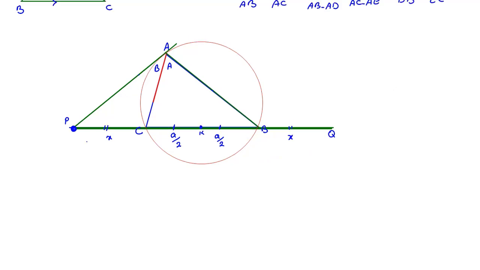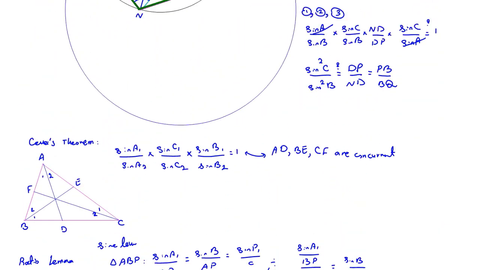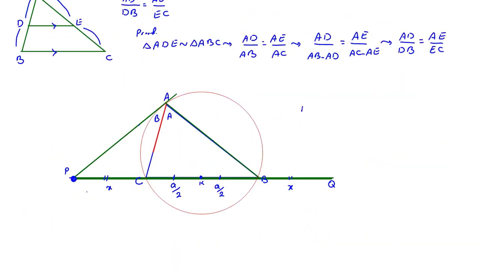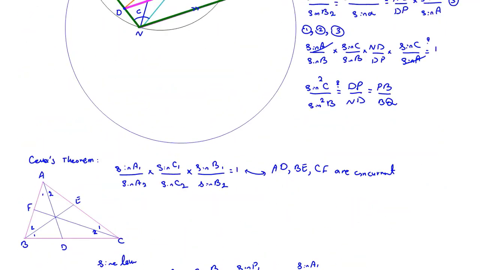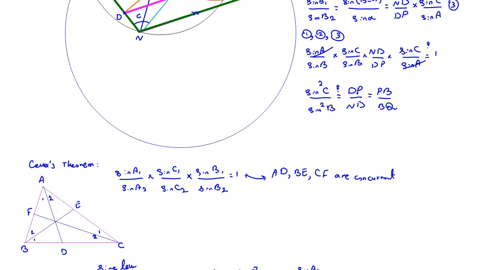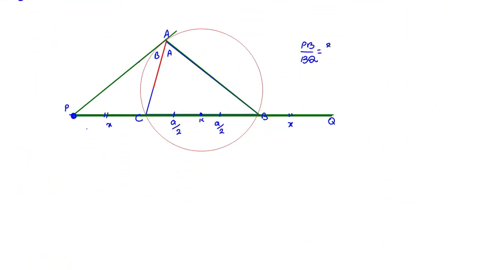Now let's see what we should prove. We want to prove PB over BQ. Let's write PB over BQ. Why is it equal to sine squared C over sine squared B? Now PB is what? You have here BQ equal to PC. So we can say PB over PC.